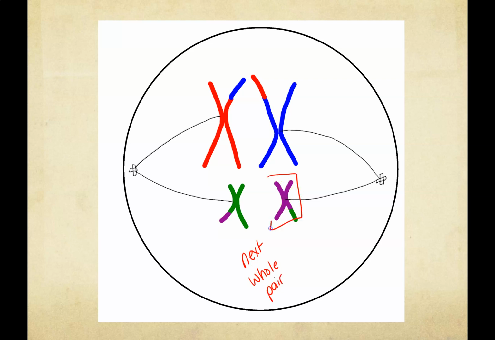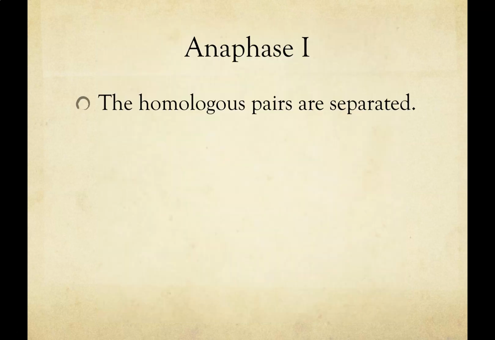So that's going to move, and that's going to move together. We don't split the sisters yet. So one of the questions on your notes is how is metaphase different? In metaphase, in meiosis, the homologous chromosomes are next to each other, not lined up on top of each other.